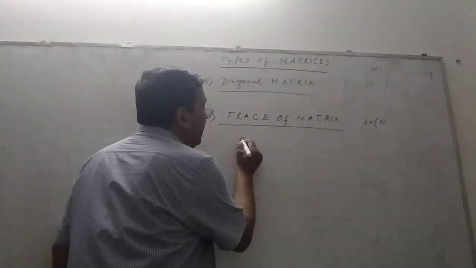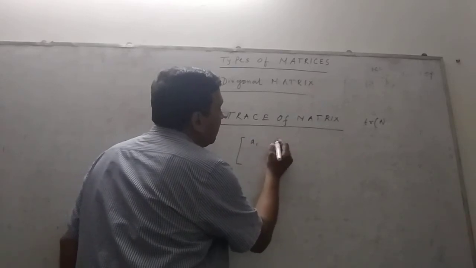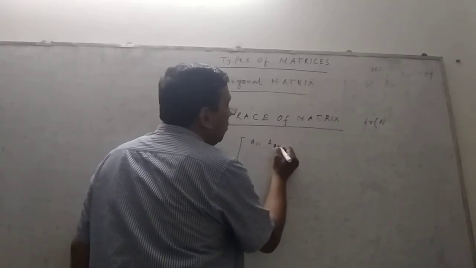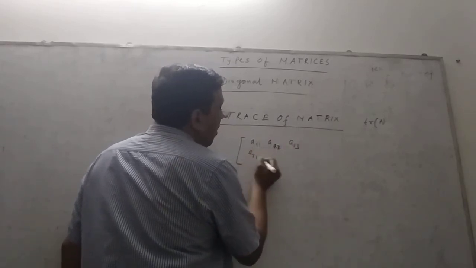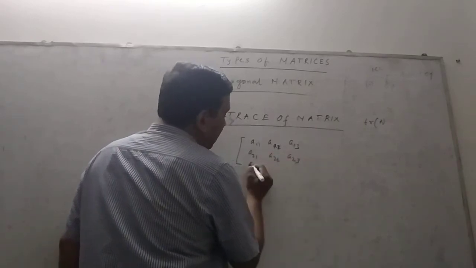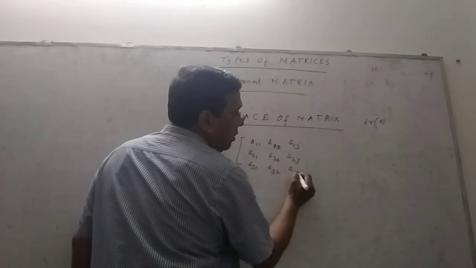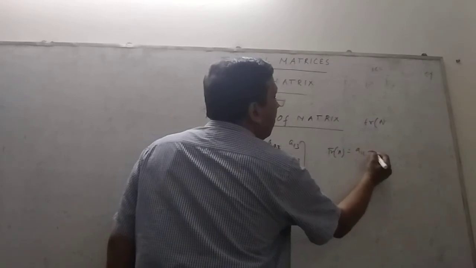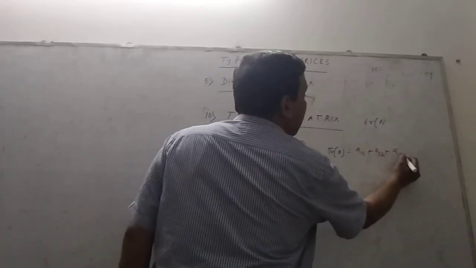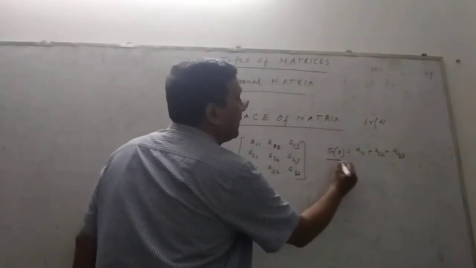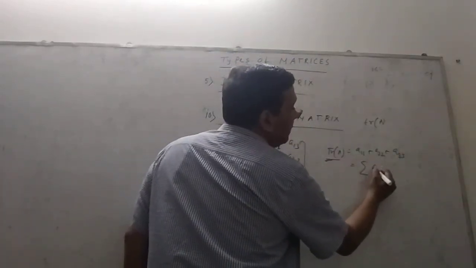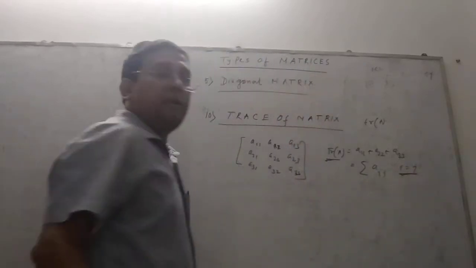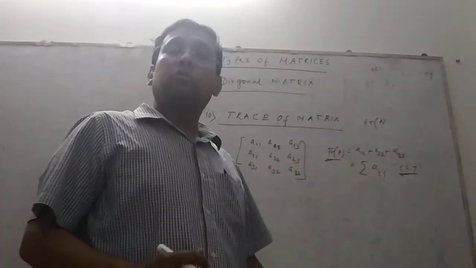That is, if the matrix is A11, A12, A13, A21, A22, A23, A31, A32, A33, then TR of A is A11 plus A22 plus A33. This is called the trace of a matrix. That is, TR of A is nothing but the sum of Aij when i is equal to j. This is very important. Trace of a matrix can come in joint entrance.